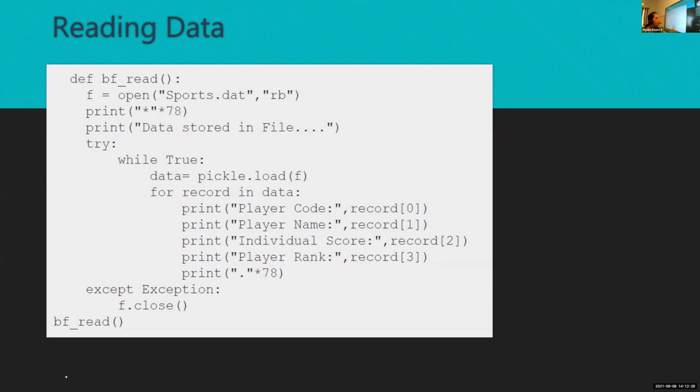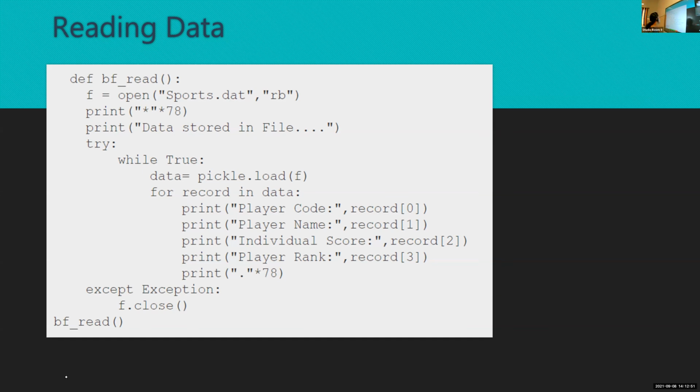Then it is not in human readable form. Reading means I want to read the data from the file. So after reading, the data is not in human readable form. We want to convert that data into human readable form. That is the problem in reading data.